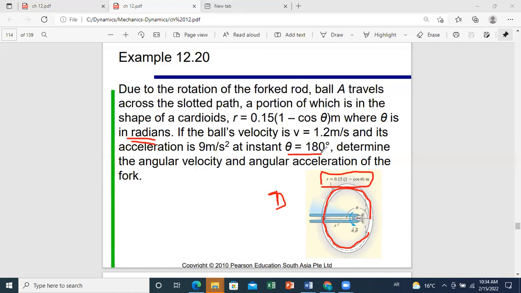When you use the value of theta in your calculator, make sure whether the mode is degree or radian for cosine and sine. But for example, if r was 0.15 theta, not with cosine, when they tell you theta is in radians and you want to calculate r, you should replace theta by its value in radians. You cannot replace it by its value in degrees, because you'll obtain different results.